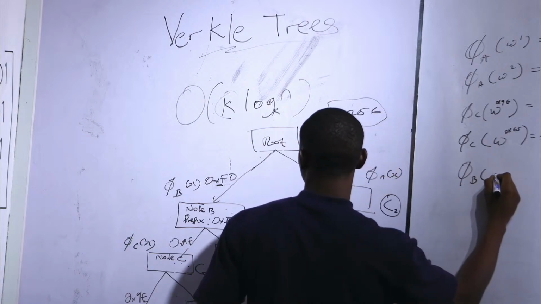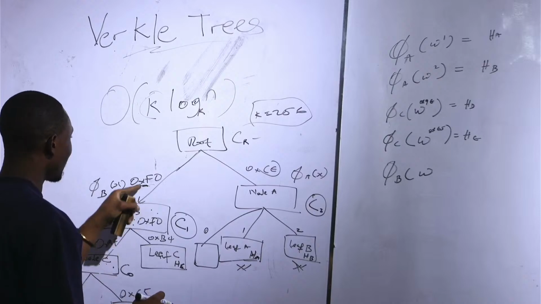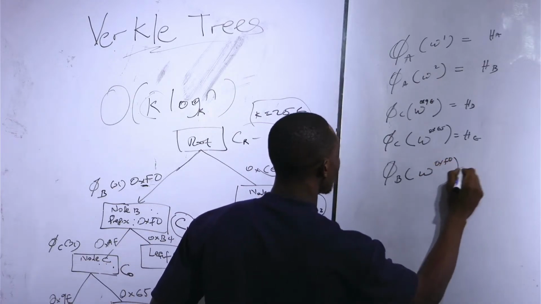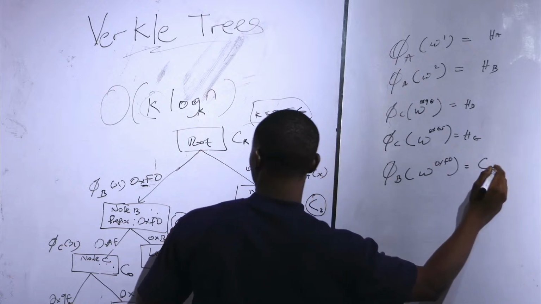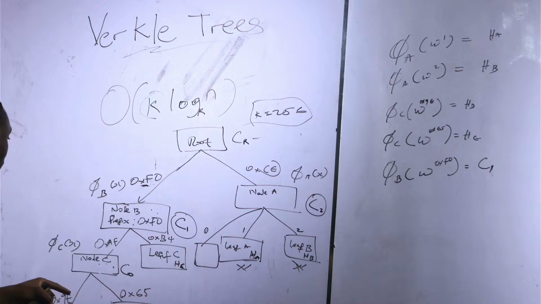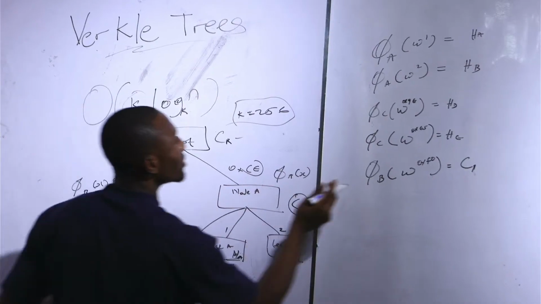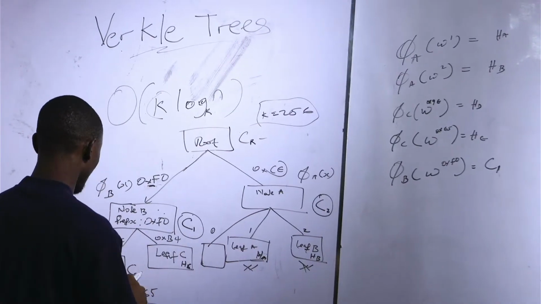And this at index C1. C0 is in C1, right?